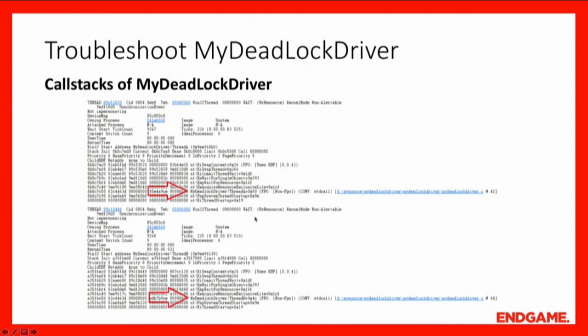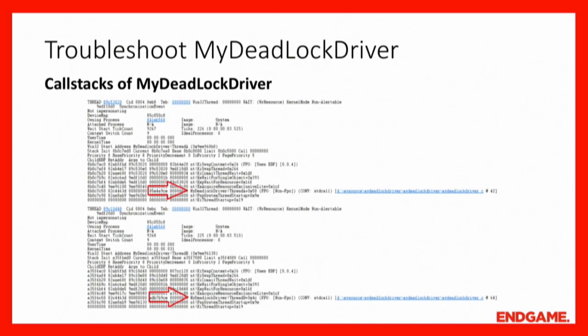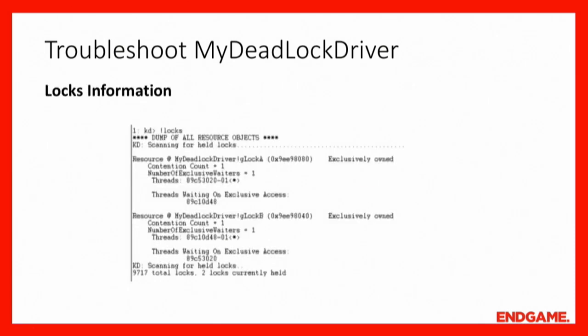So I'm demonstrating how I debug the deadlock problem in my sample code. This is the call stacks, just like I mentioned, the debugger is able to figure out the current status of all of your threads. And you can see that the two red arrows are pointing at code that never moves forward. So that's the first step of getting call stacks.